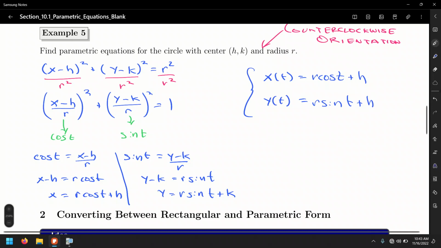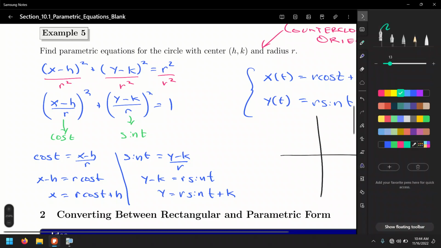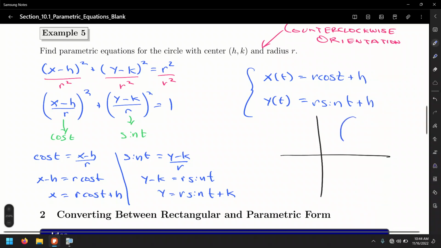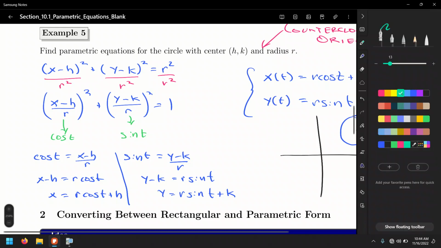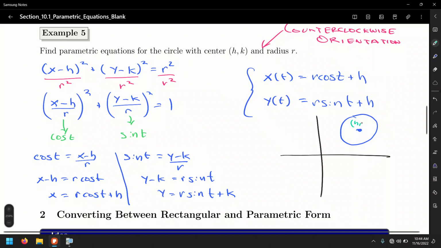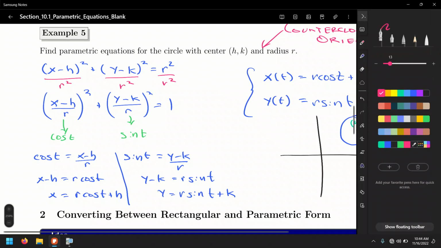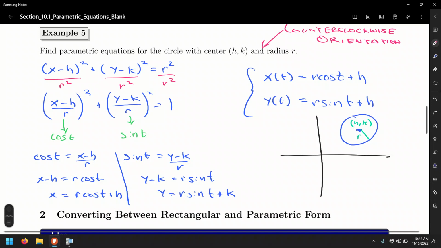All that dictates the direction is the order in which we write the parametric equations. So we can just draw a circle anywhere. The center is at (h, k), and it has a radius r, and most importantly it is oriented counterclockwise.